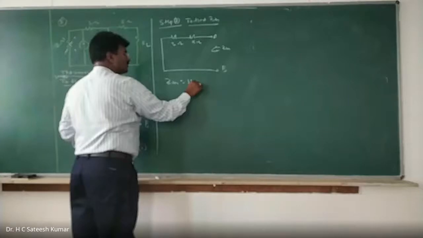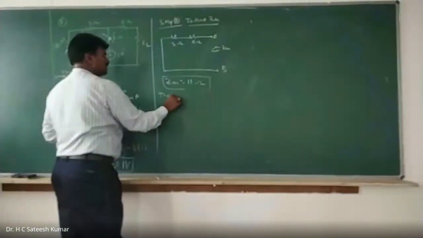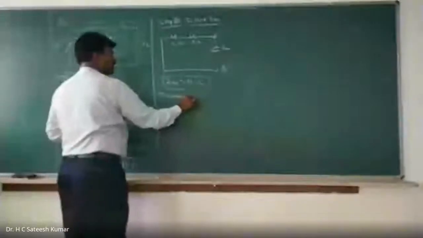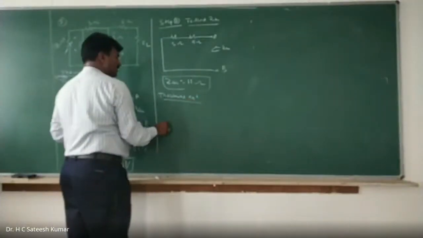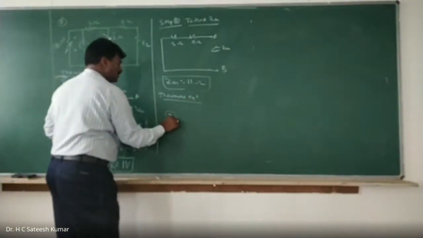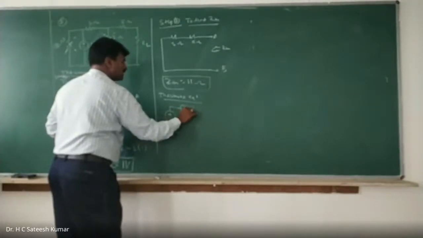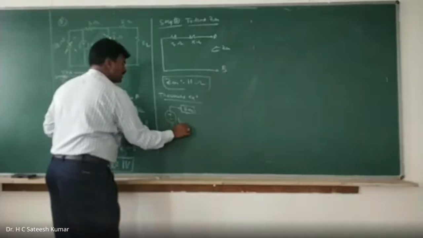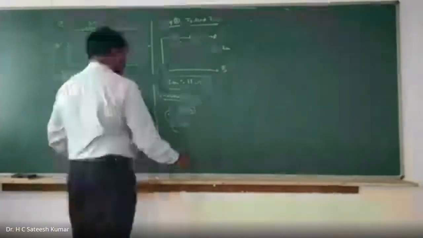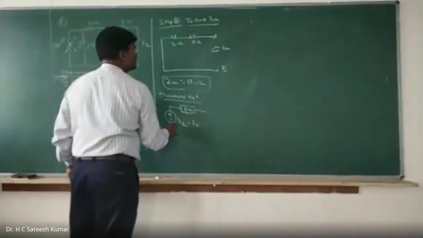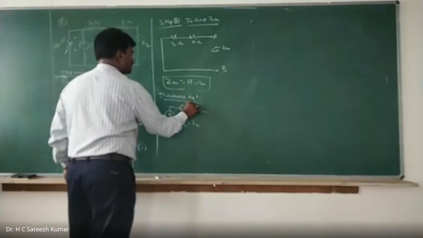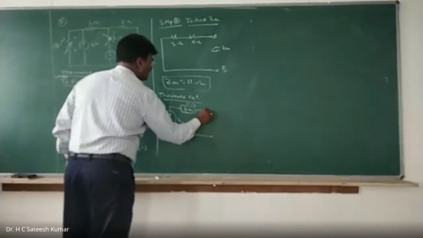Next, Thevenin's equivalent. Thevenin's equivalent is a voltage source in series with an impedance, ZTH and VTH. VTH is equal to how much? 1 volt. And ZTH is equal to what? 11 ohms across the terminal AB.